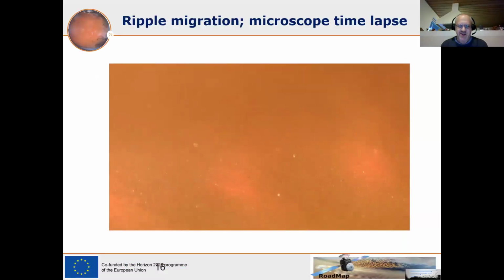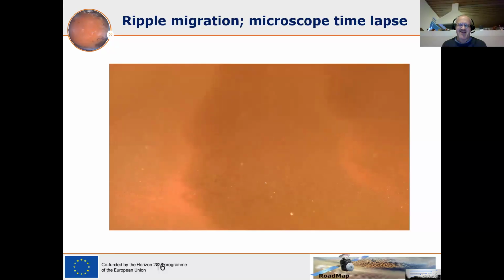So I don't really have a good excuse for showing this movie other than that I really like it. It's a segue into the next series of talks, which will be about saltation impact ripples. What you're looking at is about a 5 centimeter long section of the sand bed taken through a digital microscope.